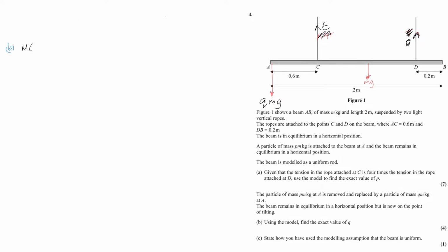Take a moment about C. So going anti-clockwise is Qmg times 0.6, and then going clockwise is mg times, that's exactly in the middle, which is 0.4.